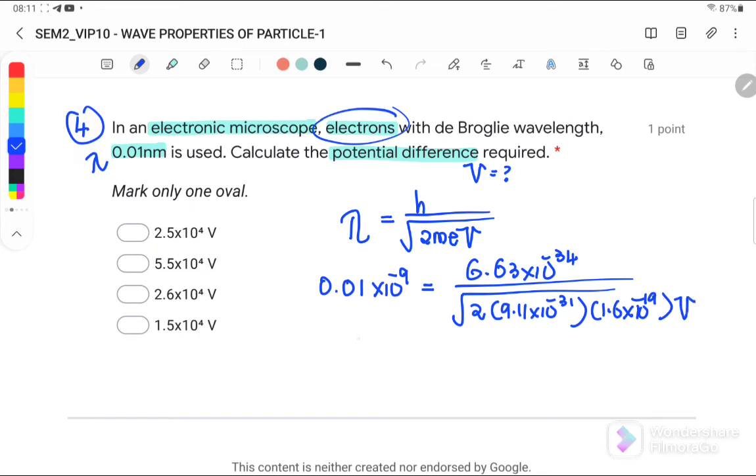After pressing the calculator, the final answer for the potential difference is 1.5 exponent 4 volt. So the answer is D.